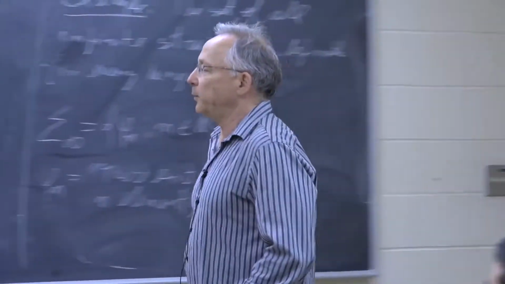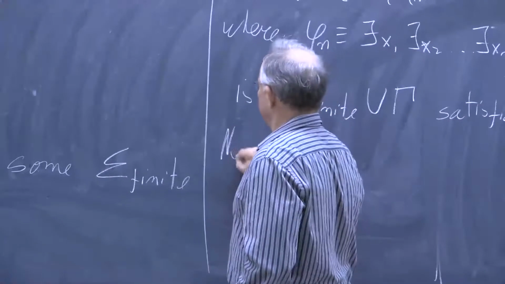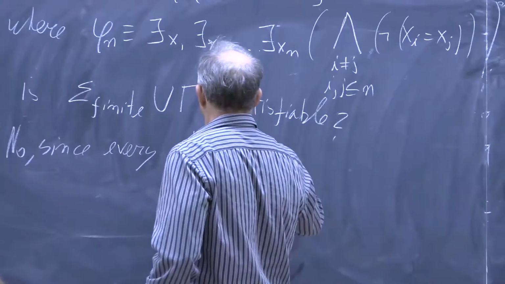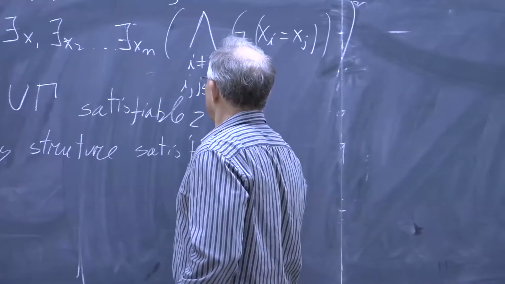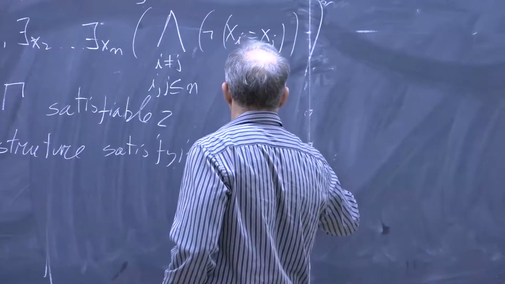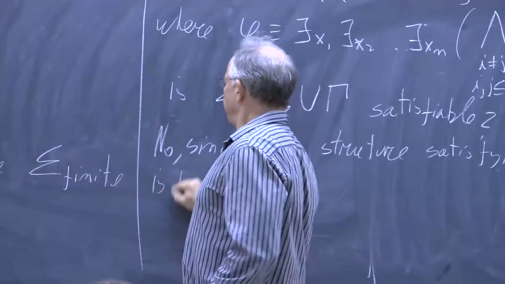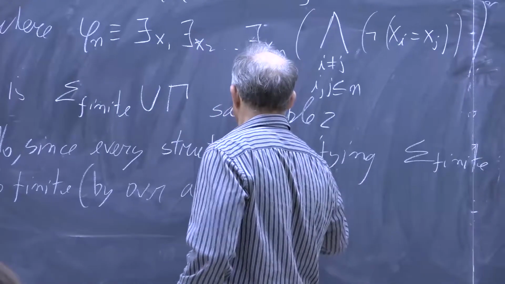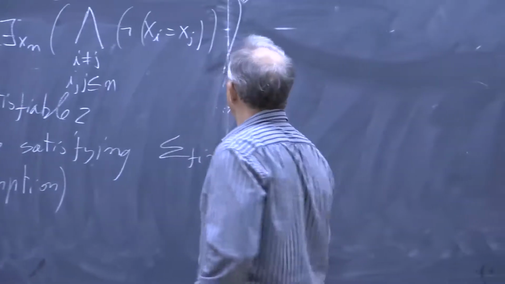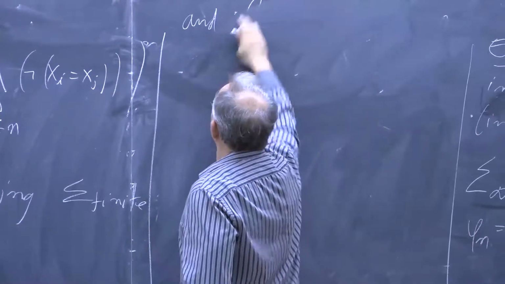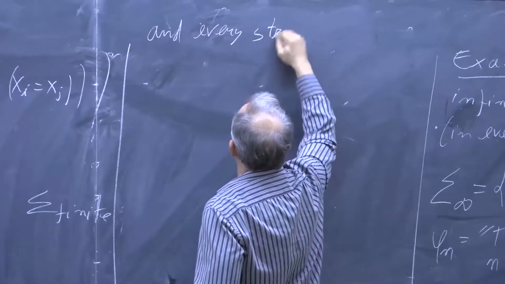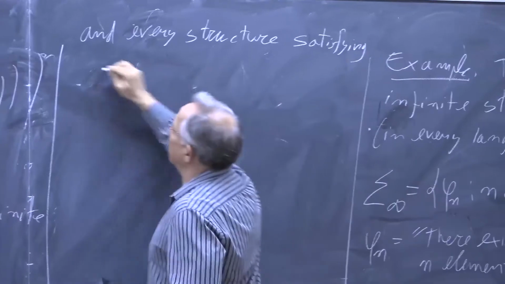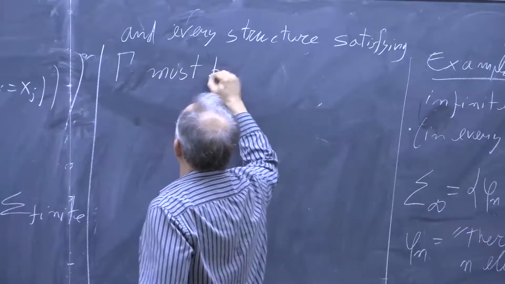No, since every structure satisfying sigma finite is finite by our assumption that sigma finite defines the set of all finite structures, and every structure satisfying gamma must be infinite.